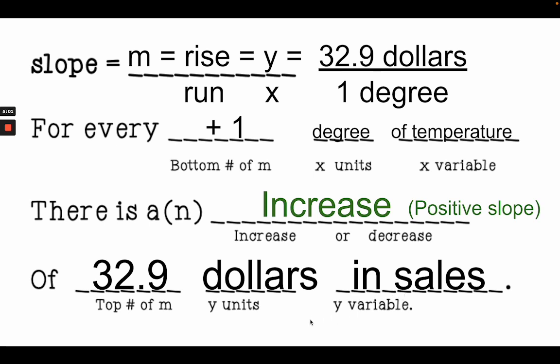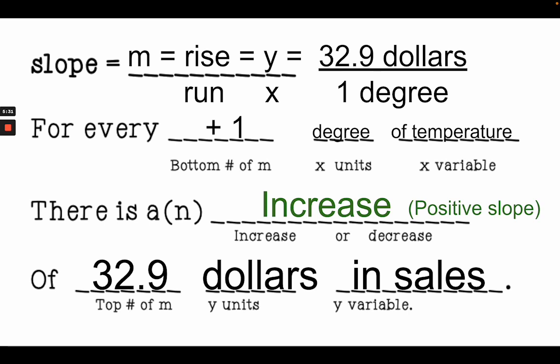Again, we're just filling in these blanks as it's asking us, but we say it as, for every 1 degree of temperature, there is an increase of $32.9 in sales. So if we're talking about Kaimana and his sales, he can earn almost $33 per degree hotter that it becomes. So the hotter it is, the more money he makes with the shave ice.